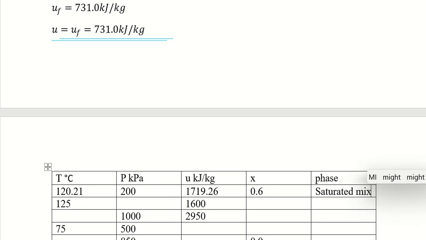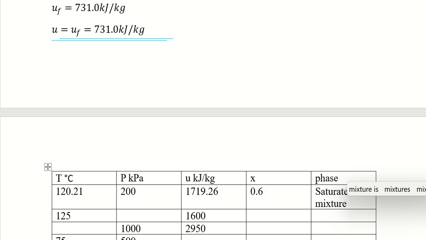It's enough. Okay. So the second question we got, pressure is 232.23, and the quality of 0.535, and this was a saturated mixture.